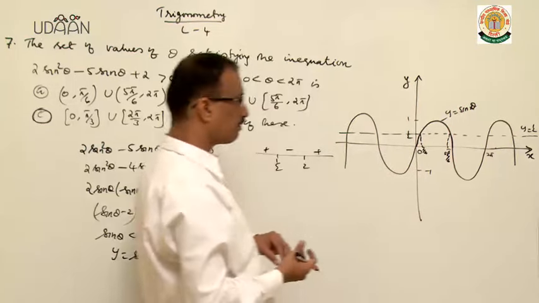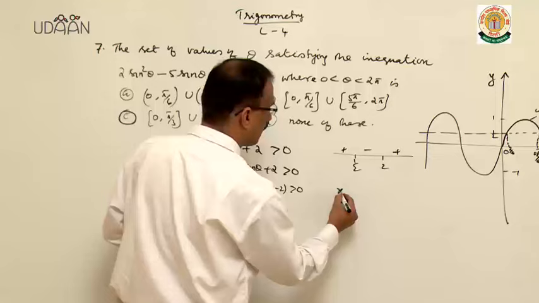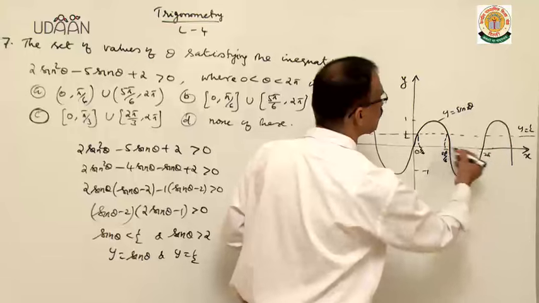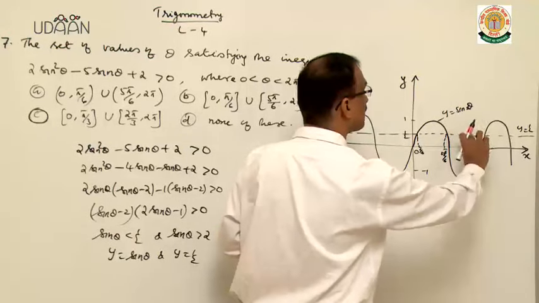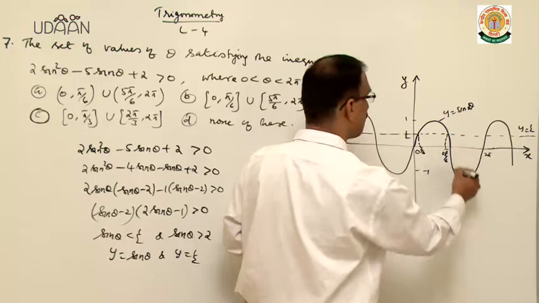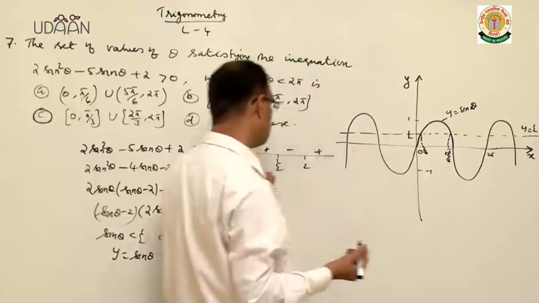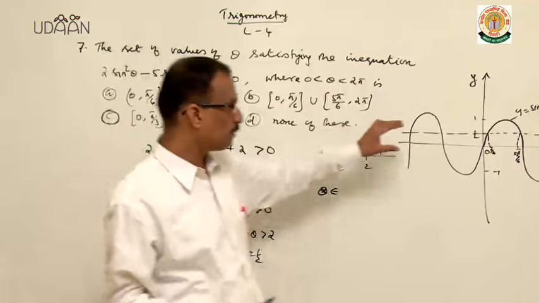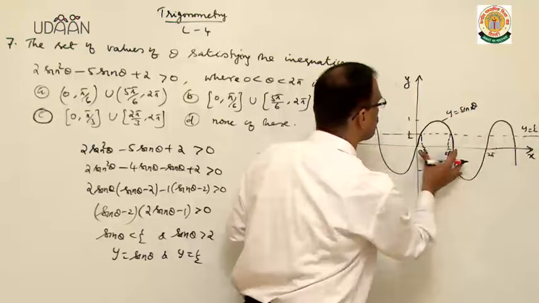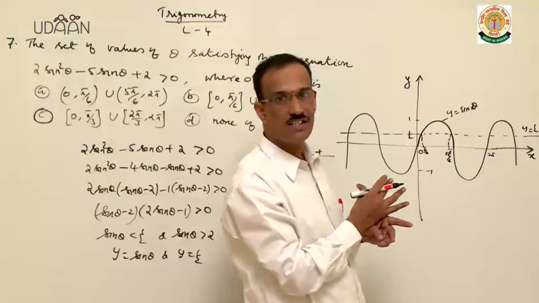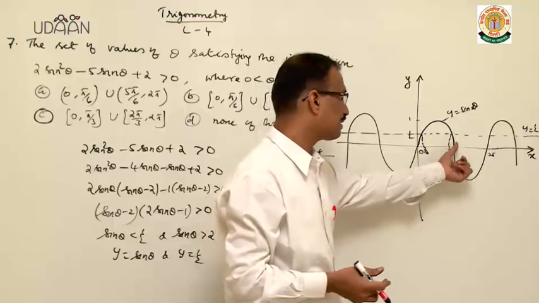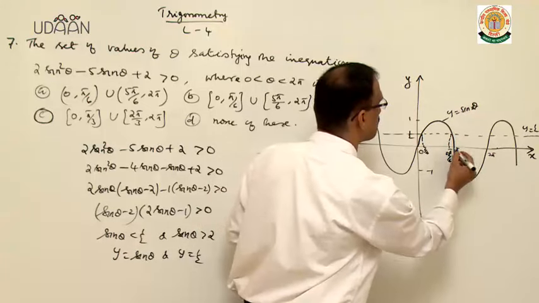Now, from this, theta belongs to, in between there are no other values less than half. Here it would be less than half, that is minus half, but here it is half only. So, we remain in the top portion. In the interval 0 to 2 pi, only this portion will satisfy the inequation, that is 0 to pi by 6 and 5 pi by 6 to pi.